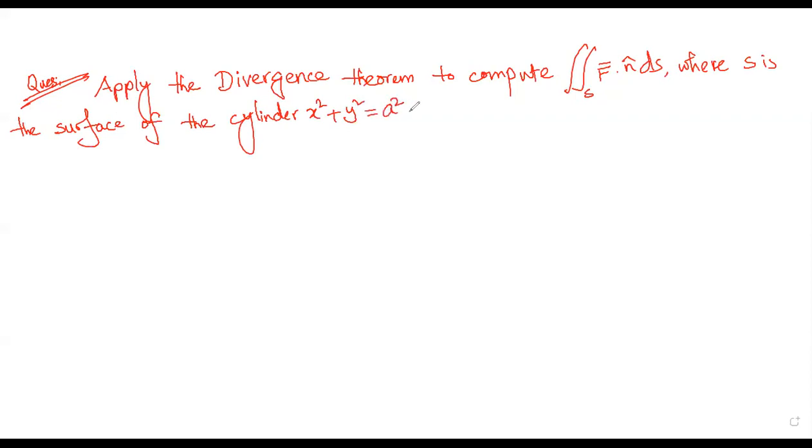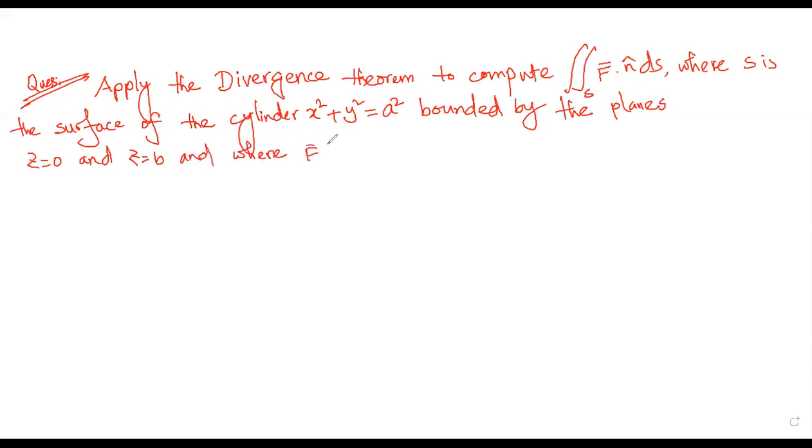This is the circle base, bounded by the planes z equal to 0 and z equal to b, where b is a constant, and where F equals xi minus yj plus zk.